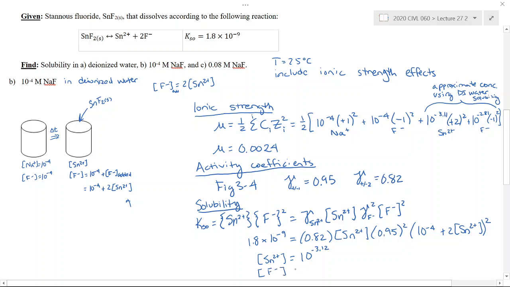And for the fluoride, which is 10 to the minus 4 plus 2 times the stannous, I get 10 to the minus 2.82. These are both moles per liter.